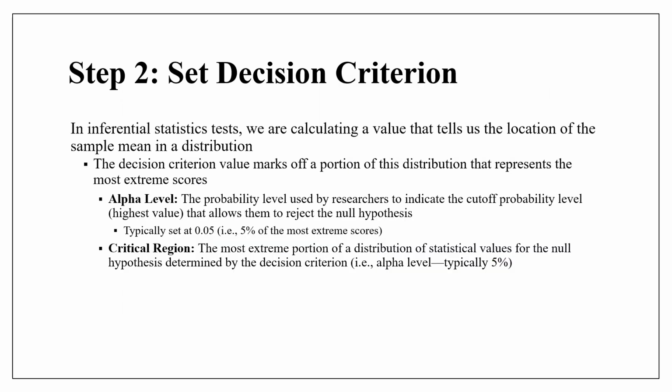So once we have a clear idea of our research question and our hypothesis, especially if our hypothesis is one tail versus two tail, then we're going to move on to the next step, which is going to be setting our decision criteria. So again, earlier we mentioned that there could be differences in scores simply because of how the data is.